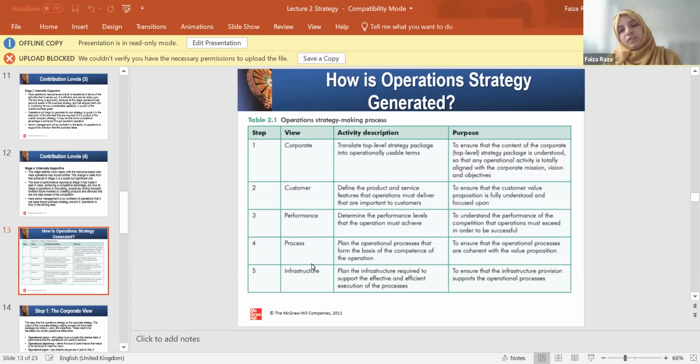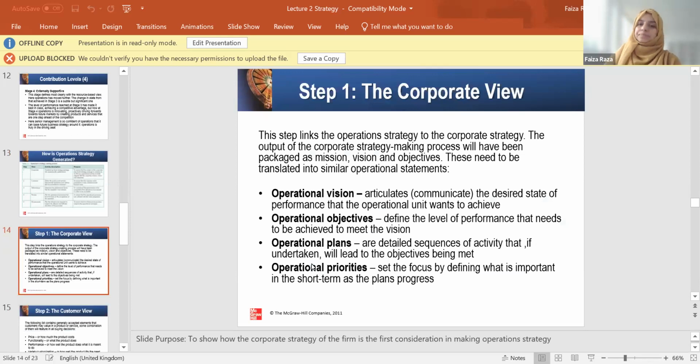Or a warehouse, or these kinds of things. The activity description is to plan the infrastructure required to support the effective and efficient execution of the processes. The purpose is to ensure that the infrastructure provision supports the operational processes. We will be discussing it one by one in detail.